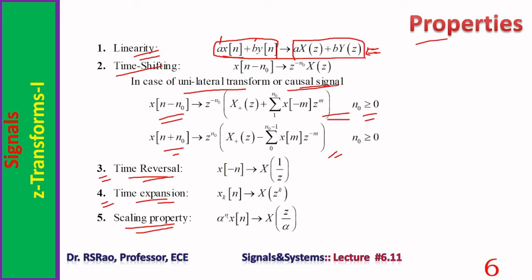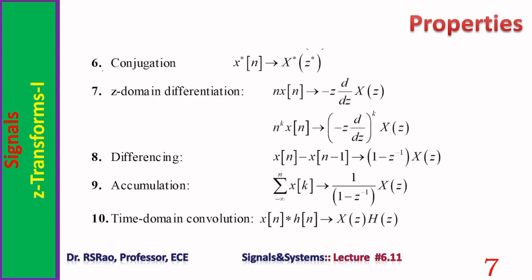Alpha power n x of n, its z transform is equal to X of z by alpha. Another important property, the conjugation property. The z transform of x of n conjugate is equal to the conjugate of X of z conjugate.